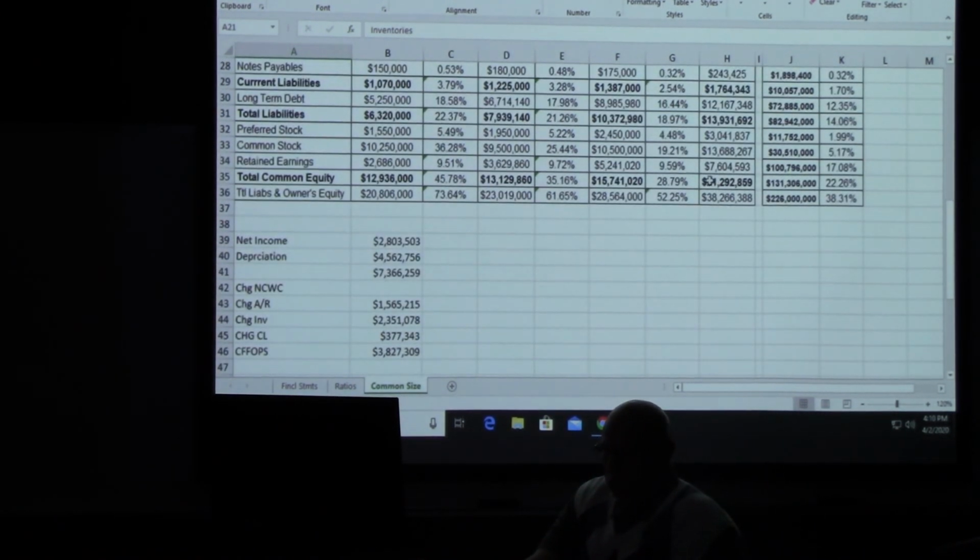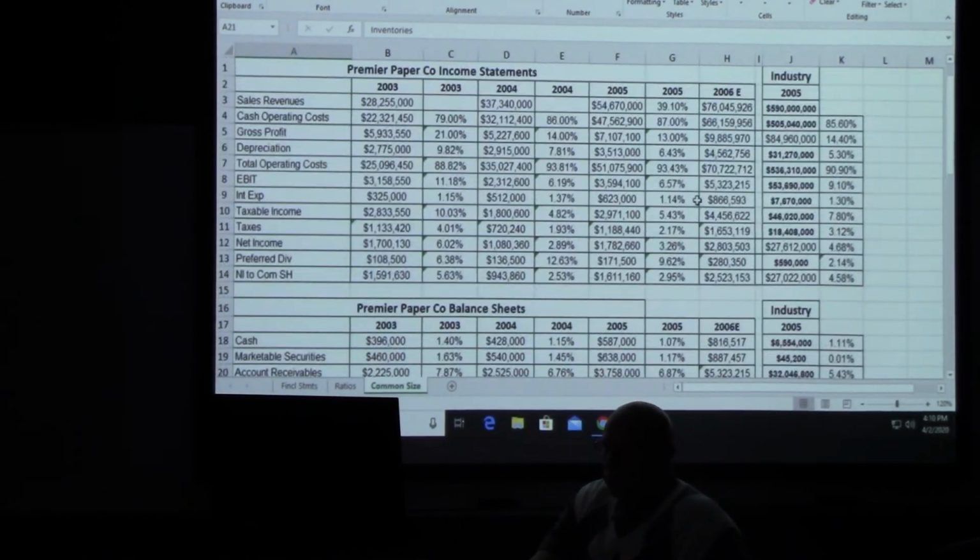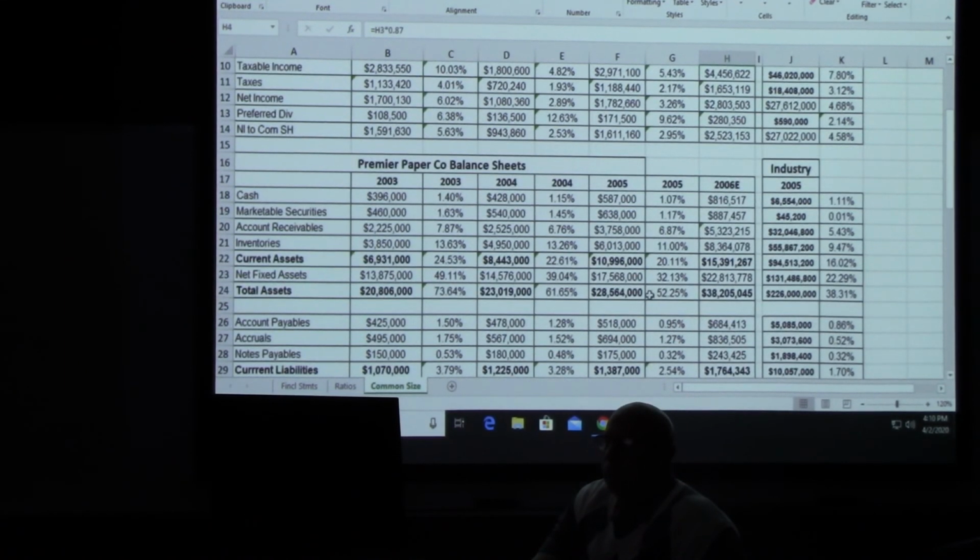Okay? So you have to determine how fast you think your sales are going to grow, what your margins are going to look like, and then you have to determine what you think your turnover ratios will be, or what your assets divided by sales, which is another way of doing a turnover ratio, will be.